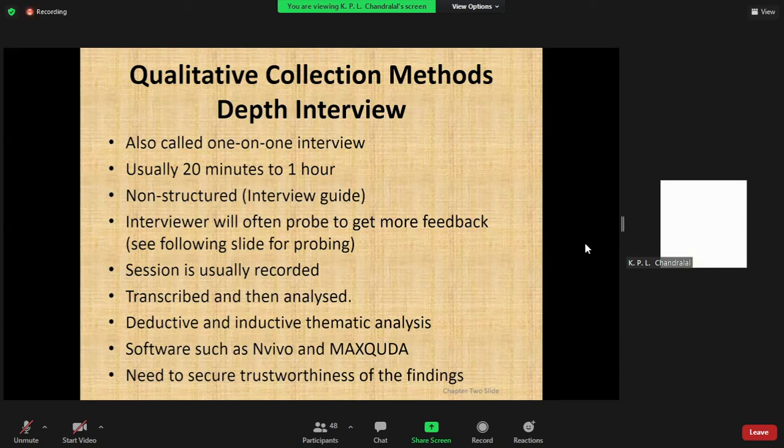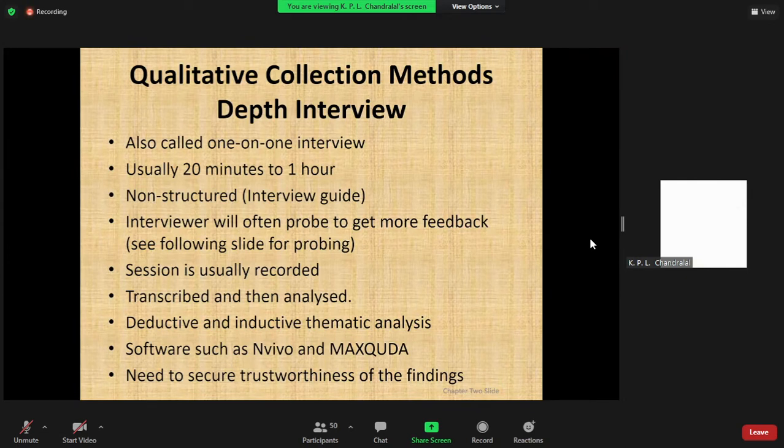It's a guide that reminds the interviewer of the areas where the person needs to elaborate more, to get the people to talk more.